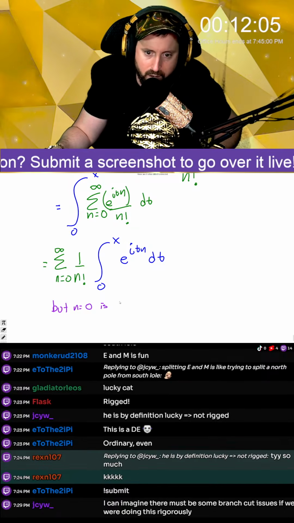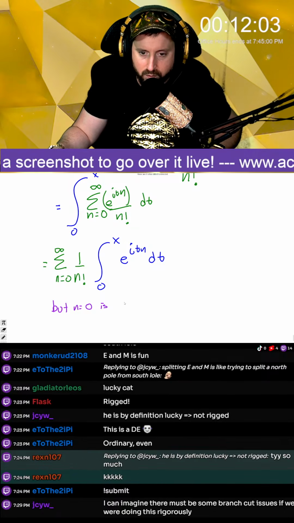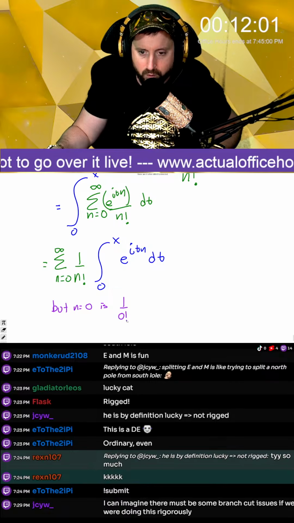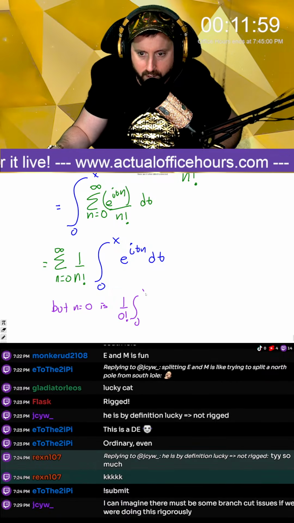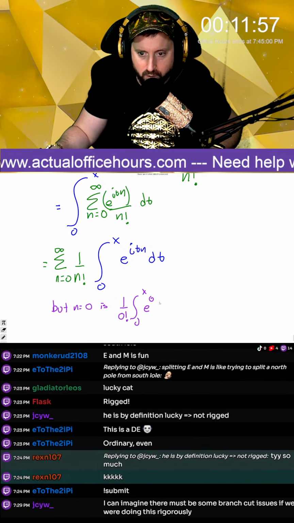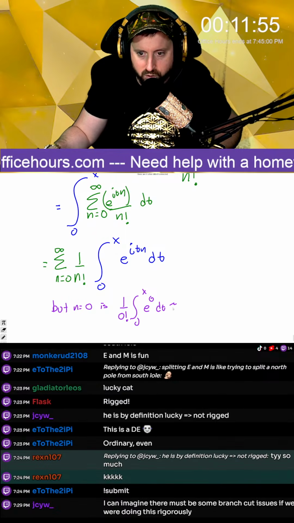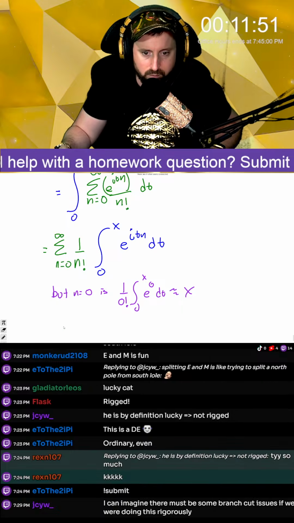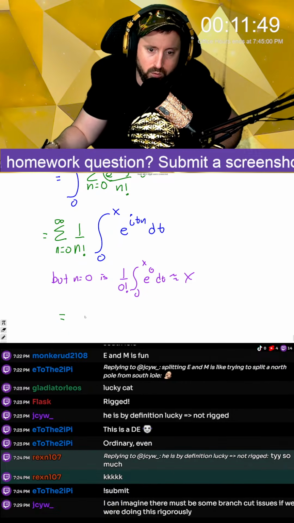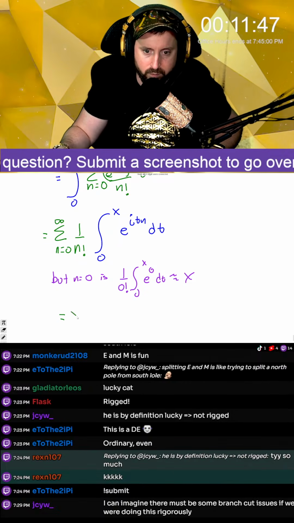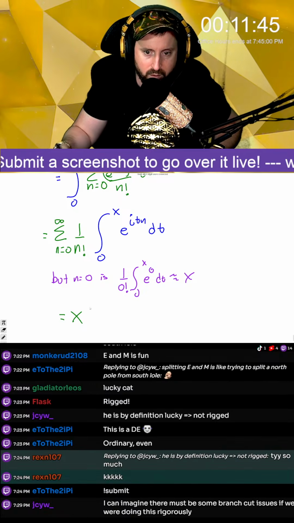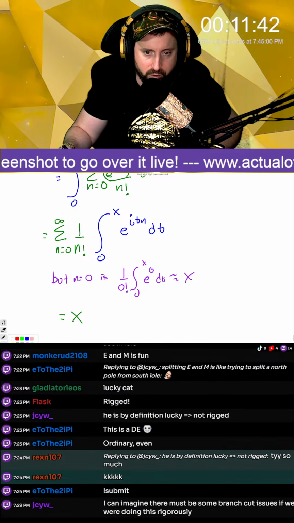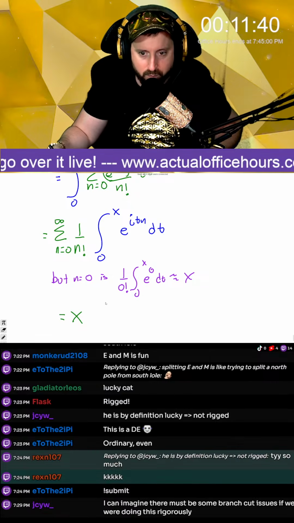That's 1 over 0 factorial, which is 1, times the integral from 0 to x of e to the 0 dt, which equals x. This is similar to what we were doing at the end of the stream last time, pulling out the n equals 0 term.